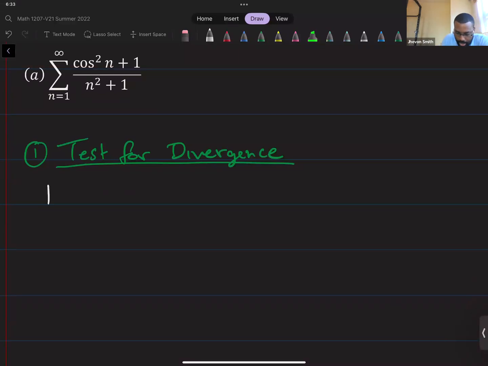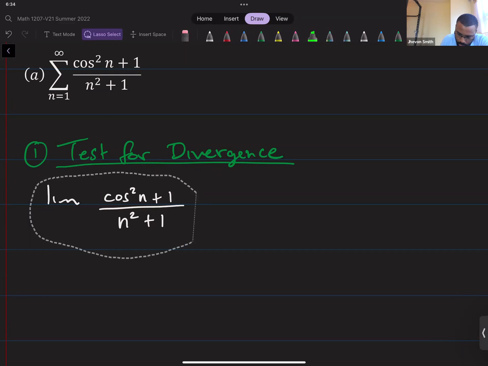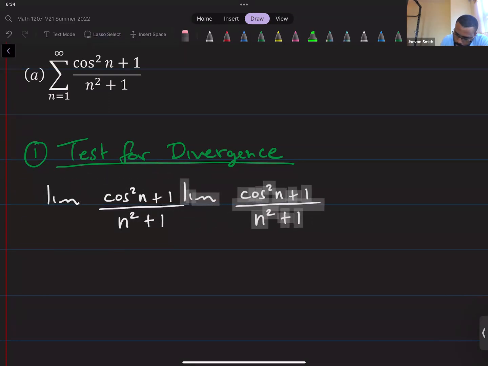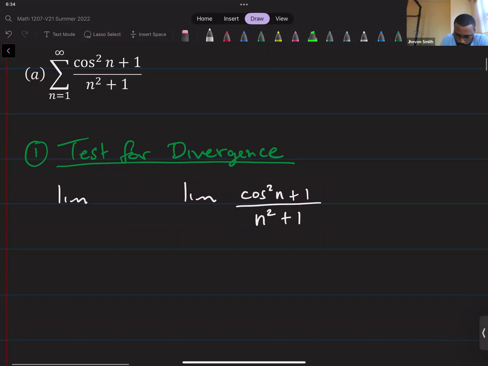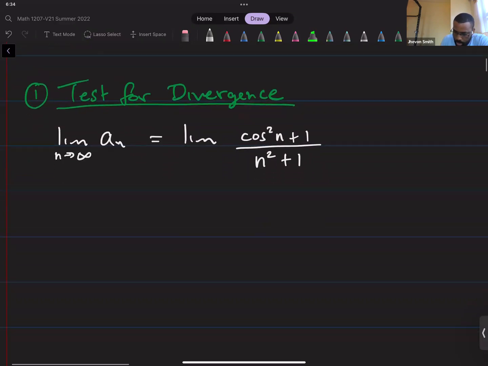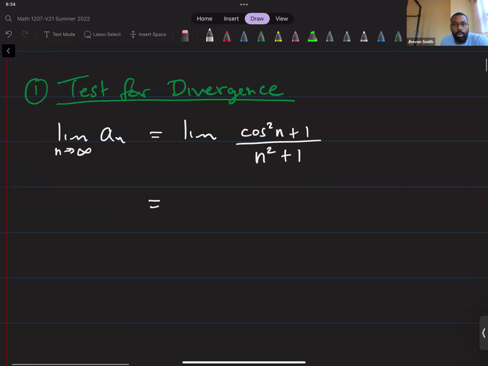So we're going to look at the limit as n approaches infinity of cosine squared n plus 1 over n squared plus 1. And what is that in this case? What's that limit?